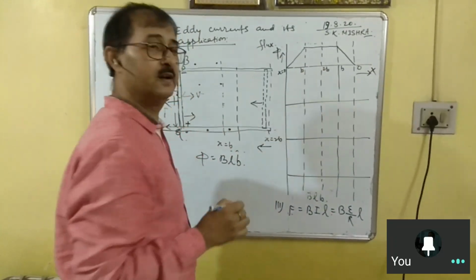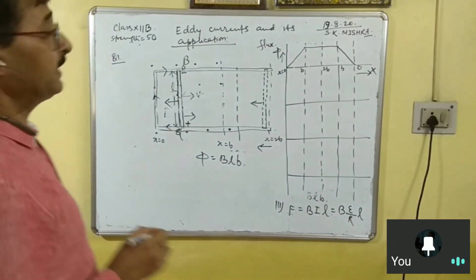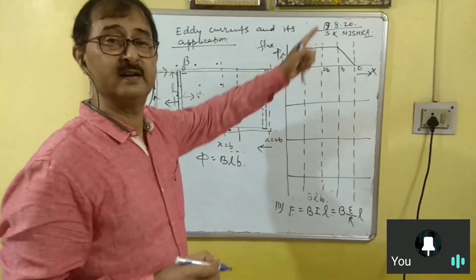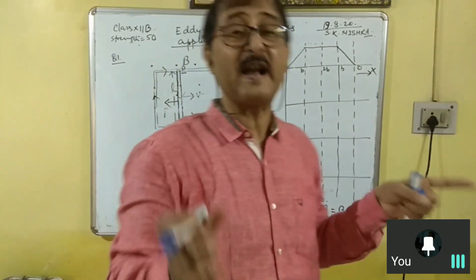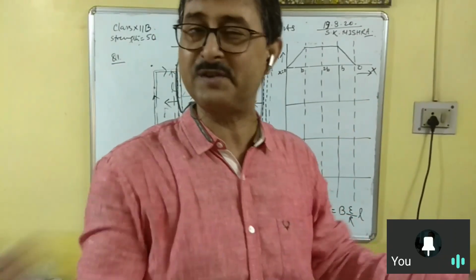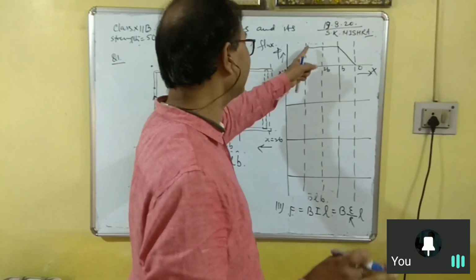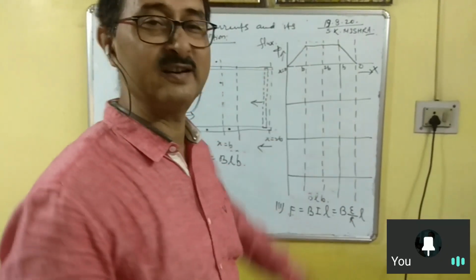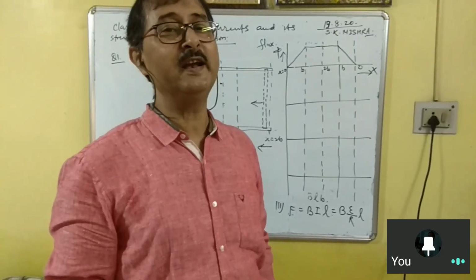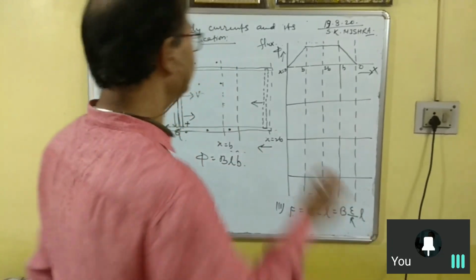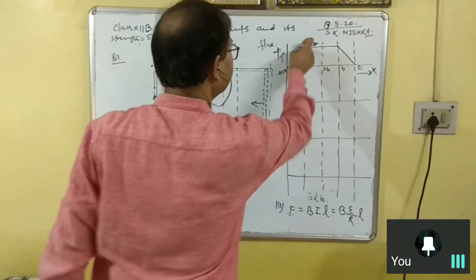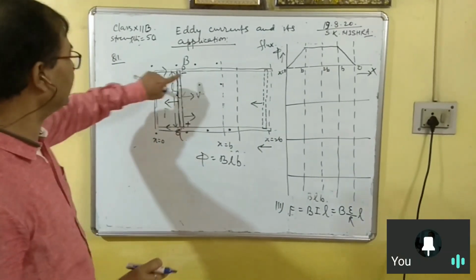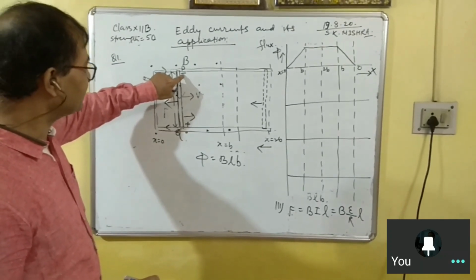Now if you want to draw the induced EMF, induced EMF will be there because flux is changing. In the region where flux remains constant, there will be no induced EMF. It is very clear that within this region there will be no induced EMF because flux is constant and d phi by dt is 0. Within this portion, flux is increasing, so the induced EMF will start from negative. This end is negative, this end is positive.